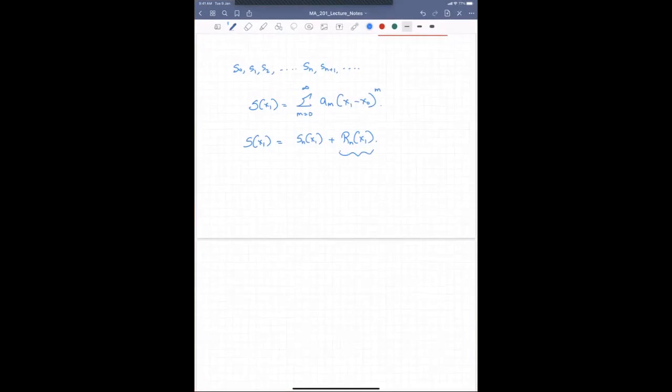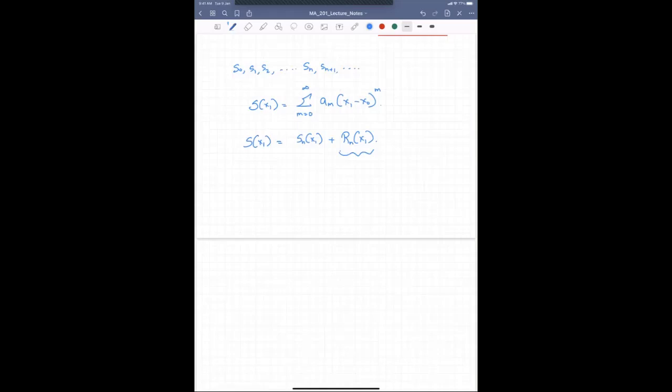If I stop at n equals 25, I can assure you that the remainder is 0.05 and nothing more. Then your friend can come in and say, no, no, I want it to be 10 to the minus 5. And I will say, oh, sure, I can do that for you. But you have to stop counting, not at n equals 25, but n equal to, I don't know, 78. And someone else will come in and say, I want it to be 10 to the minus 10. And I would say, oh, yes, then you should stop counting at 105 or whatever it is.